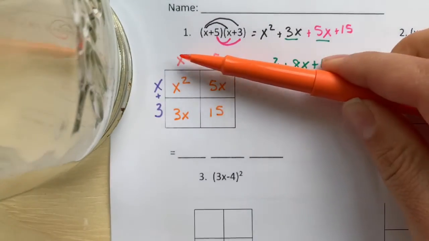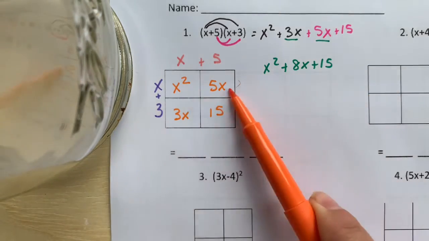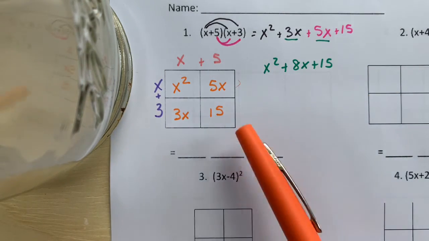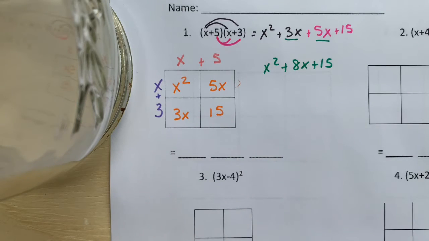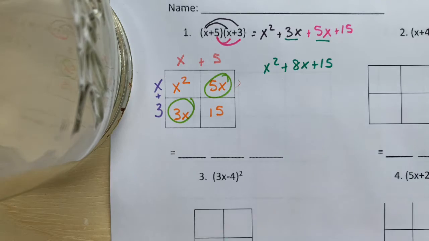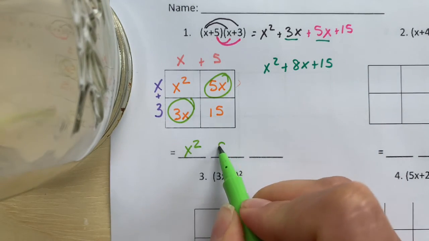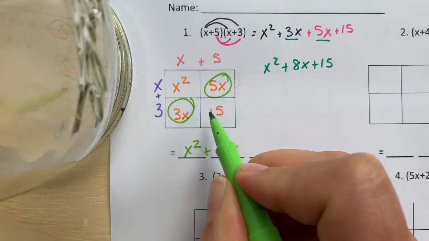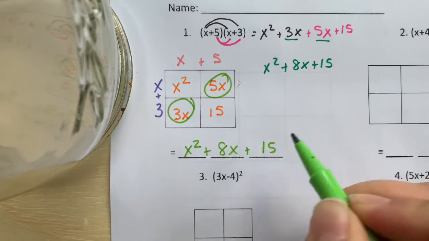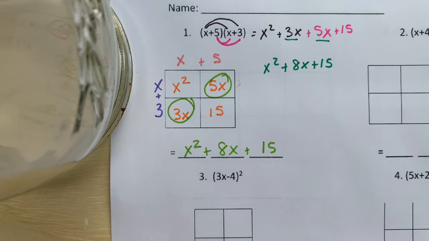All we're doing is we're looking to see what's on the outside of each of these boxes, and then we're multiplying that. Then I have to add anything that's the same, which notice I have an x in each term. So I will have x squared, 5 plus 3 is 8x, and a 15. Either one works the exact same. It's just which one you prefer to look at.